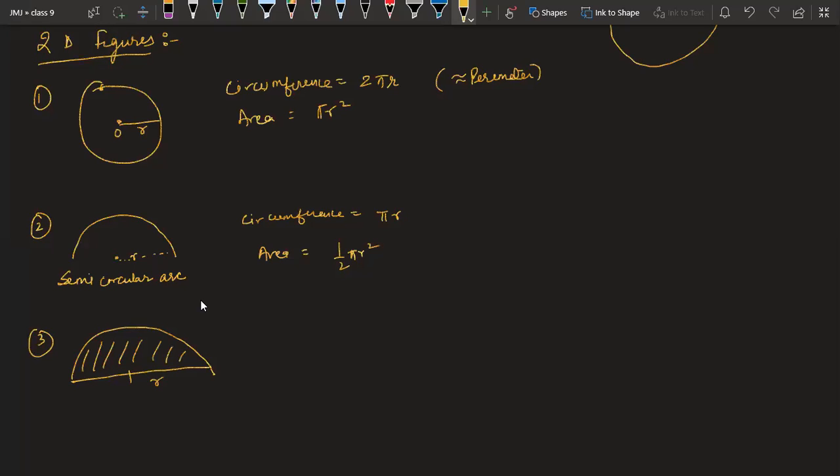The circumference of this one will be how much? No, Piyush, from where did square come, beta? Circumference is the same as length. Length can never be in square. The unit will become square in your case, no? No, Garima, it is not the same. It is different from the semicircular arc.